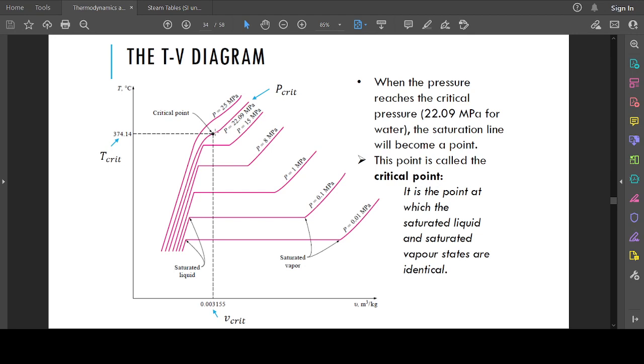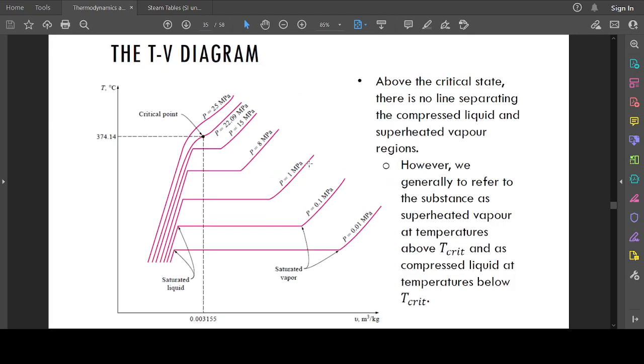Because it exists as a point and not a horizontal line, this is where they are identical, so there is no big difference between the two of them. So why do we want to know about this critical point? As we've already established, above the critical point is the superheated vapor, and below is the compressed liquid.